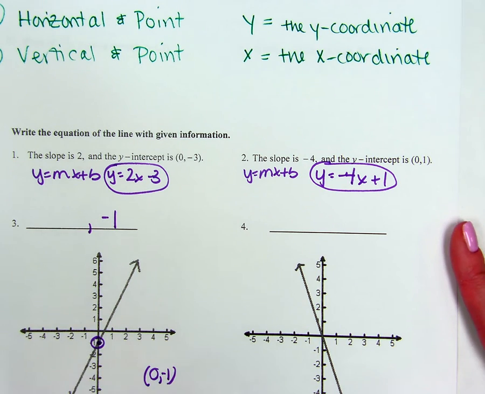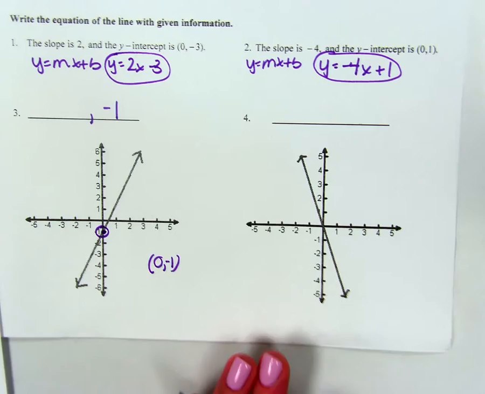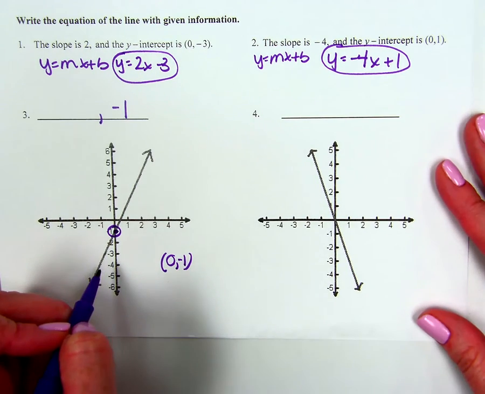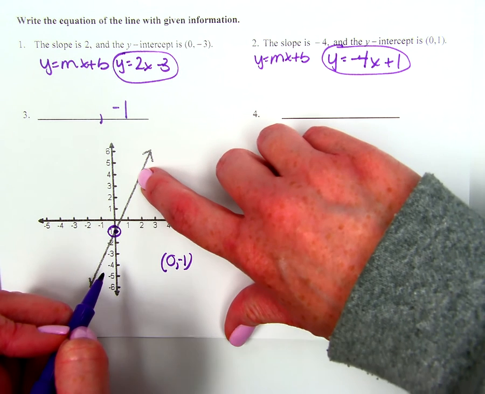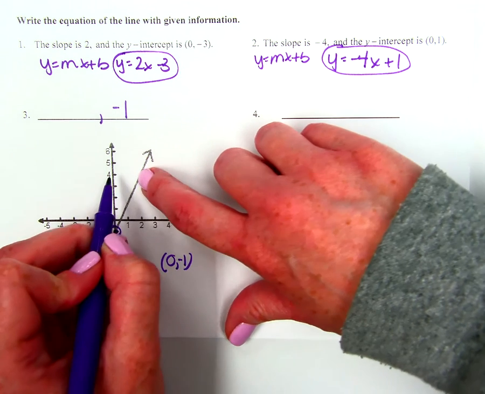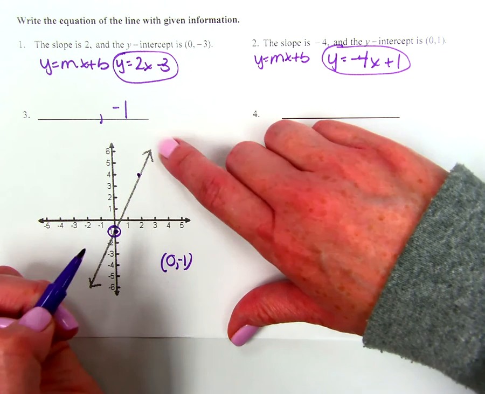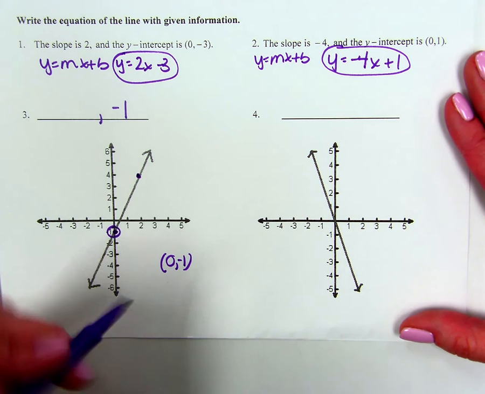So here's a point here. Now, the graph is not super great, so we're going to do our best here, but we're going to determine another point. I'm going to say maybe 2, 4 is going to be our point here. Now we need to determine the slope.